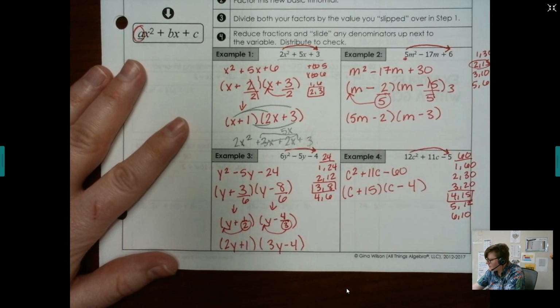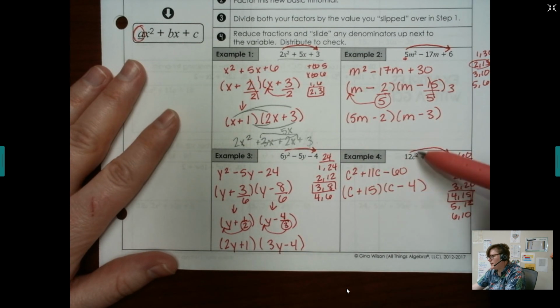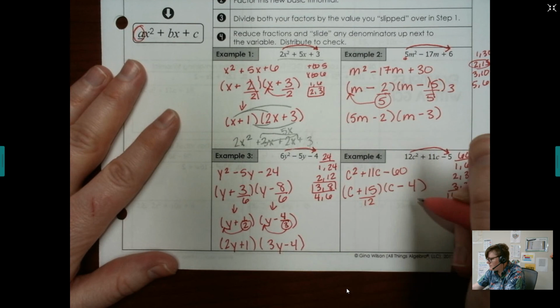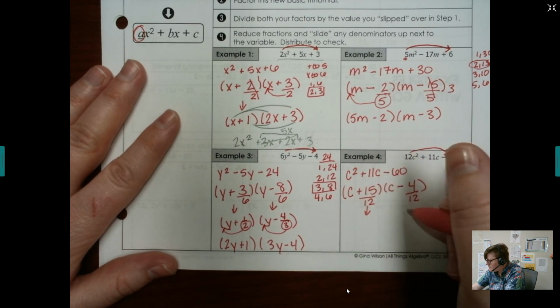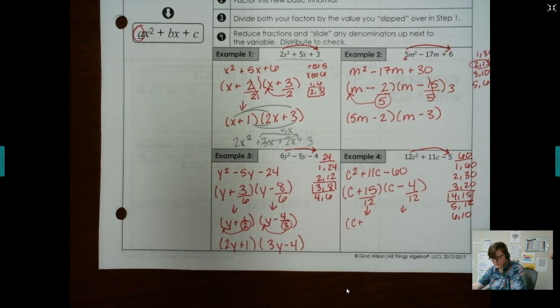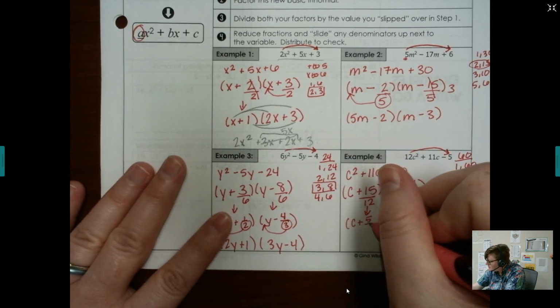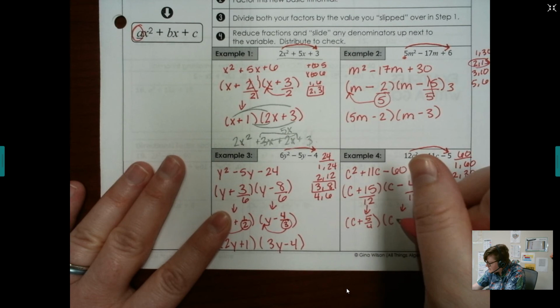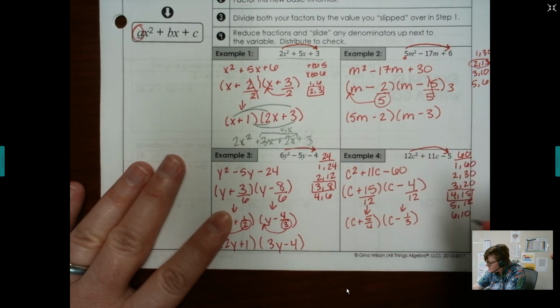And 4. Okay, then at the end we divide by 12, like that. c plus 15 over 12 is 5 over 4. c minus, that's 1/3.